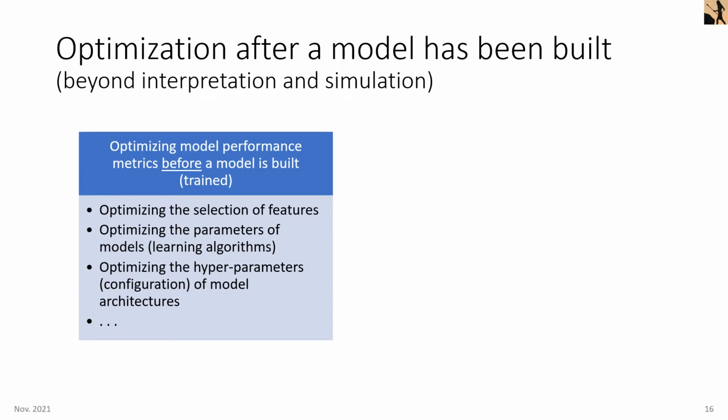Just to clarify a little bit, we talk about optimization so often in machine learning, right? Typically, we talk about optimizing model performance. That is before a model is built. We optimize the selection of features. We optimize the parameters of the models for the algorithm. We optimize the hyperparameters for the configuration of the model architectures, right?